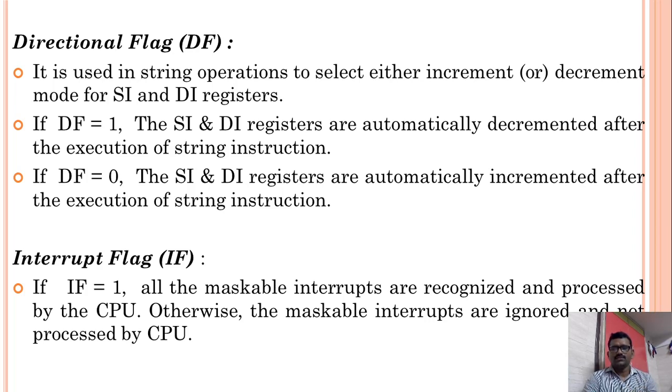Otherwise, the maskable interrupts are ignored and not processed by the CPU. The 8086 microprocessor has two hardware interrupts, NMI, non-maskable interrupt, and another one is interrupt request, the INTR pin. The INTR is the maskable interrupt. If IF is equal to 1, then the 8086 recognizes interrupts through the INTR pin, or else if IF is equal to 0, it ignores the interrupt request through the INTR pin.